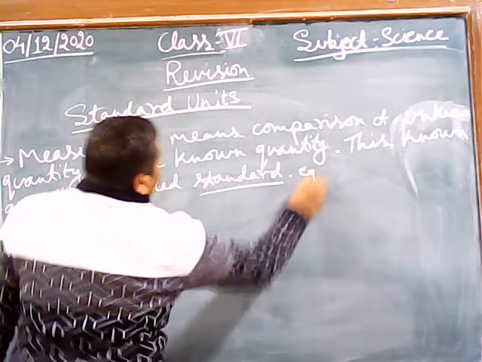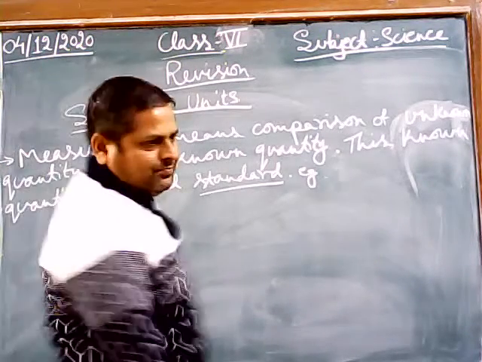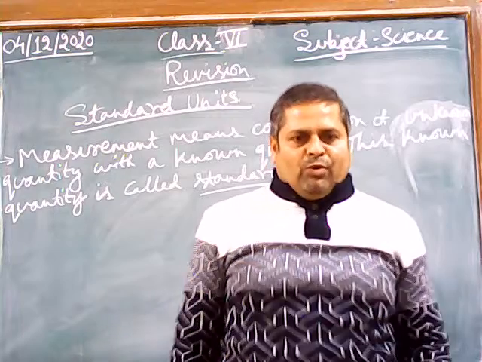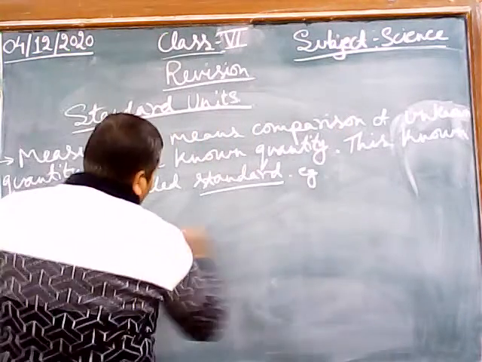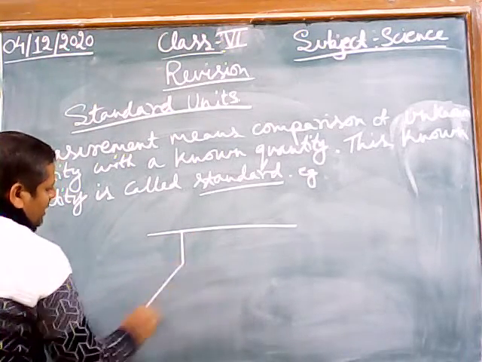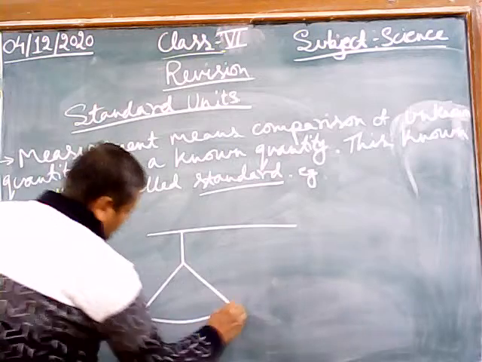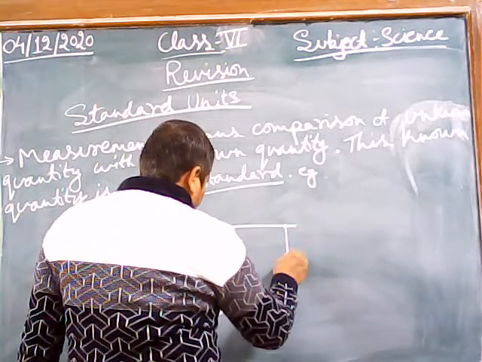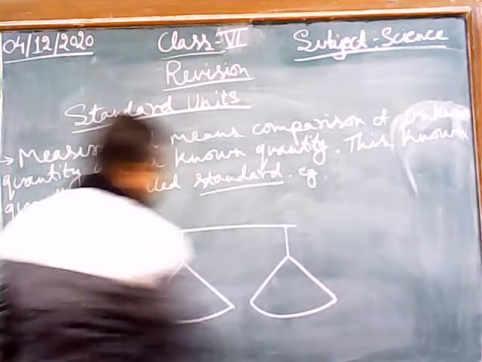For example, suppose we want to buy 1 kg potato. The shopkeeper has a balance with two pans.